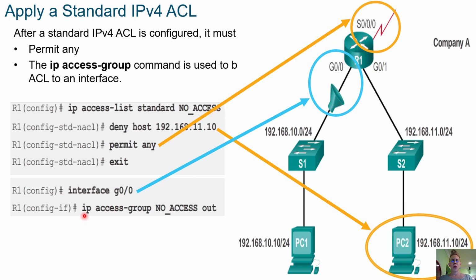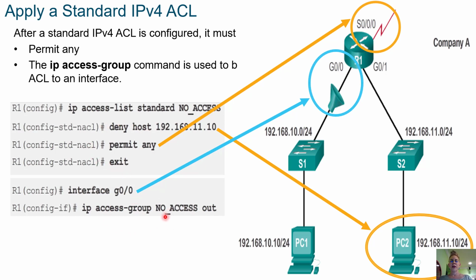Now I'm going to basically bond the interface to whatever access control list it's supposed to be looking at. Notice we use the term access group. That's because often within an access control list, we have multiple entries, so we group them together so that they can be looked at as a whole. So we're doing access group.